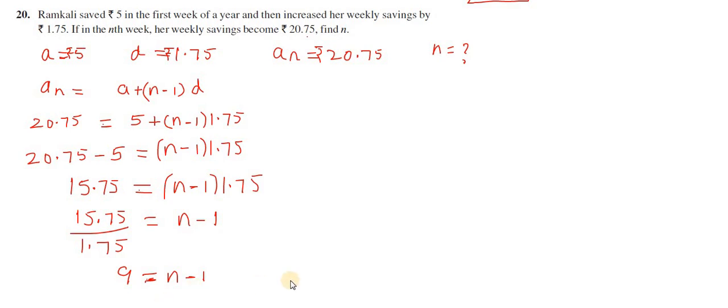We need to find n, so n is equal to 9 plus 1. So n is equal to 10. Is it clear? All of you understood? So she takes around 10 weeks to make that 5 rupees as 20.75 rupees.